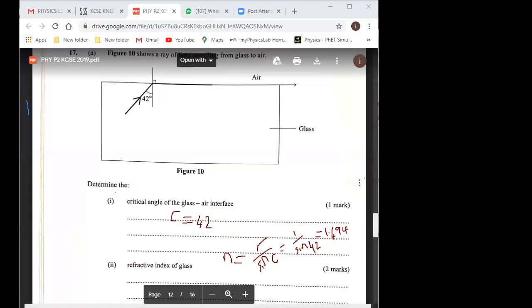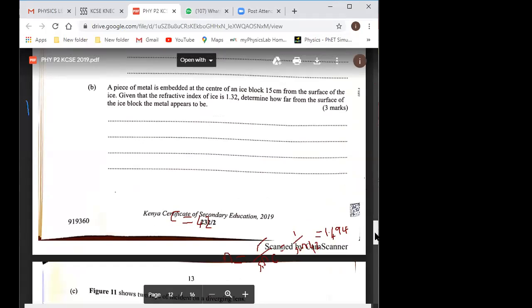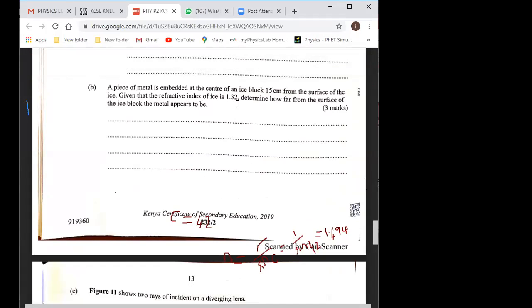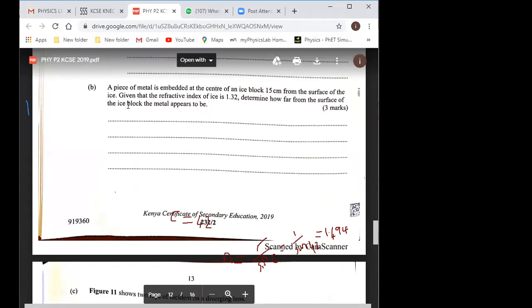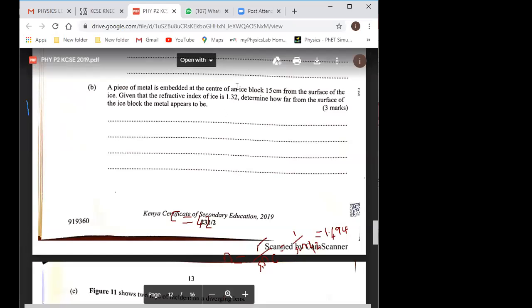So we are moving to the next question. A piece of metal is embedded at the center of an ice block 15 centimeters from the surface of the ice. Given that the refractive index of ice is 1.32, determine how far from the surface of the ice block the metal appears to be. So work out on the question. Do the calculation.